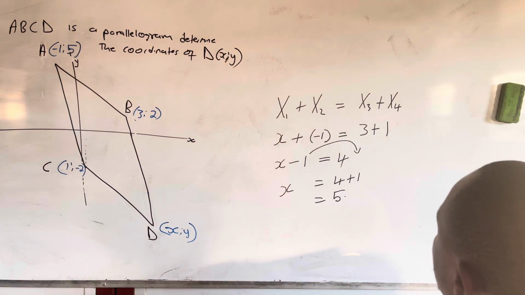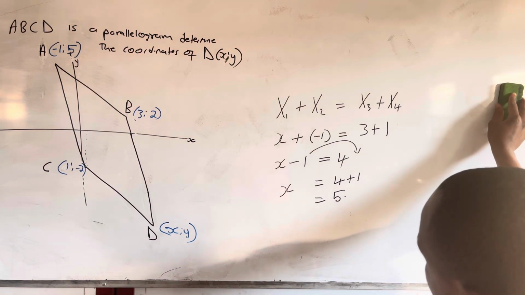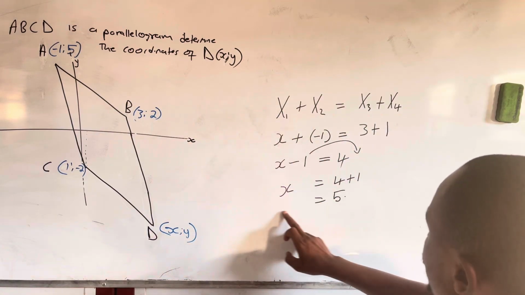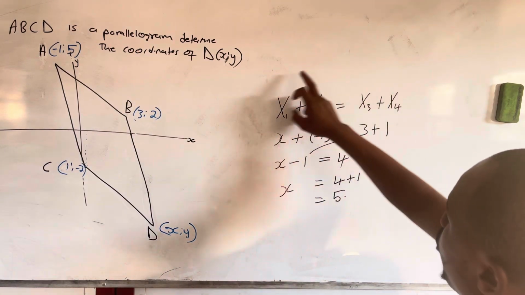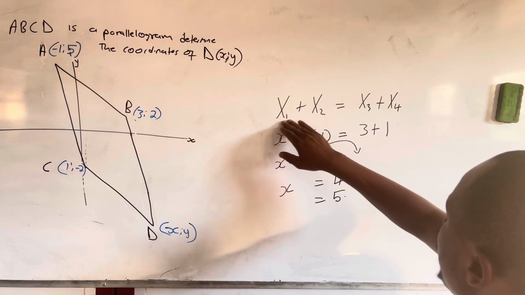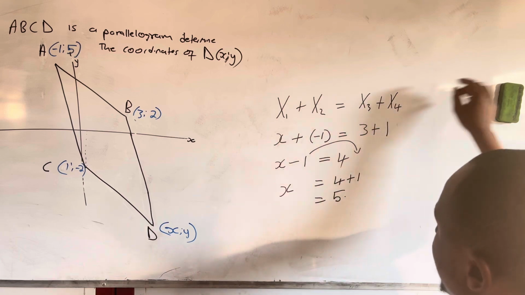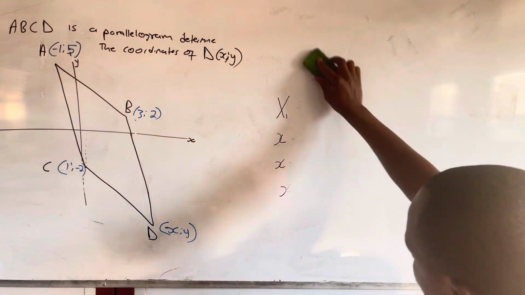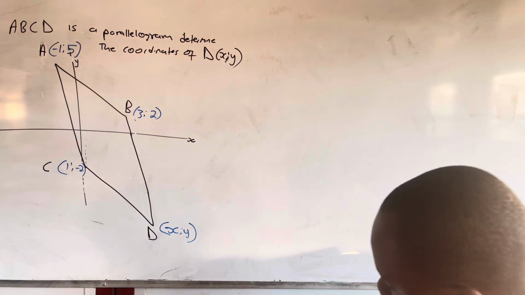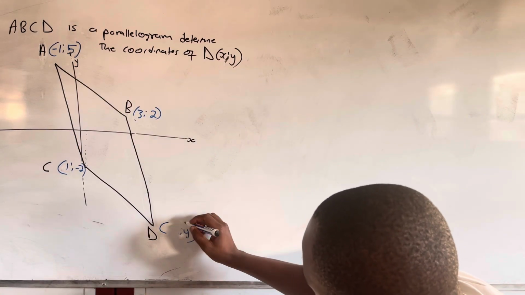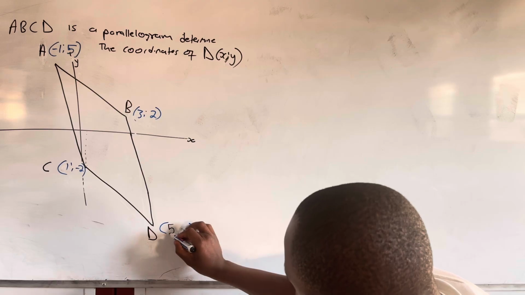The very same thing applies to y, right? I believe you understood very well that whenever you have x1 plus x2, you know what to do, and x3 plus x4. Here we got positive 5.